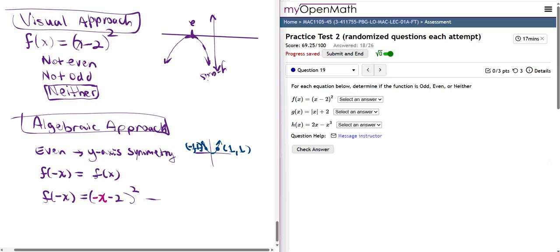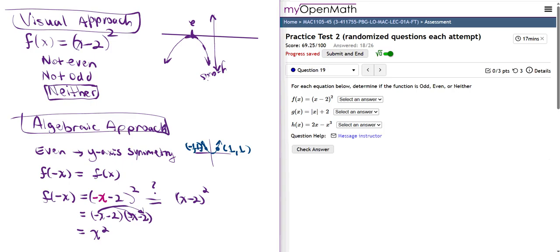So I want to see if after I simplify it, it looks like it did when it was given. So let's see what happens if I expand (negative x minus 2) times (negative x minus 2), and then I FOIL it. I get negative x times negative x is x squared, because a negative times a negative is a positive, and negative x times negative 2 is positive 2x.